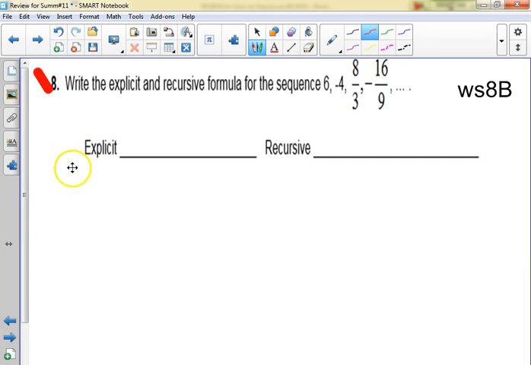All right, this is question 8 off 8B. Write the explicit and a recursive formula. Who's got me for the explicit? Nice and loud, come on.